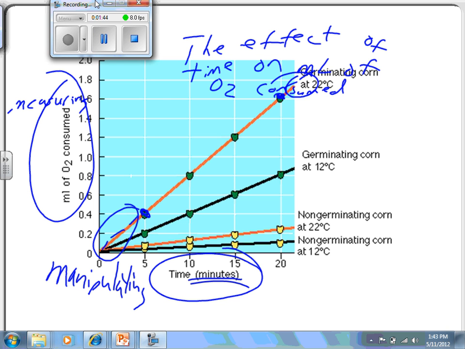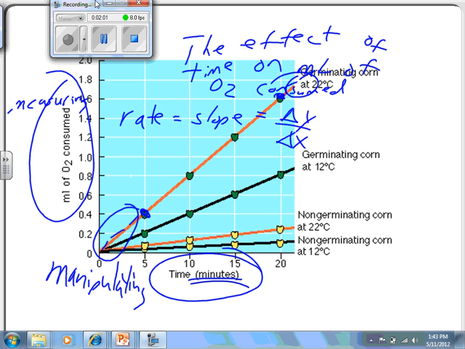Something else you're always going to have to do on these things is calculate rate of change. In any graph, key point, rate is slope, which you guys should know is change in y over change in x.